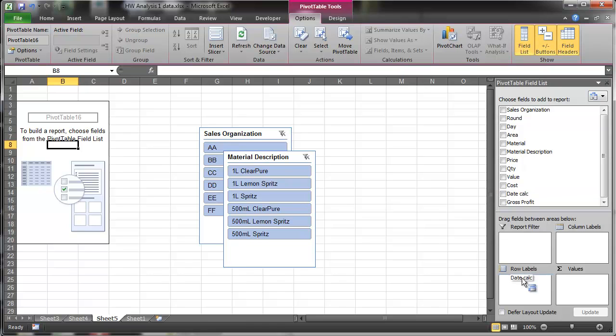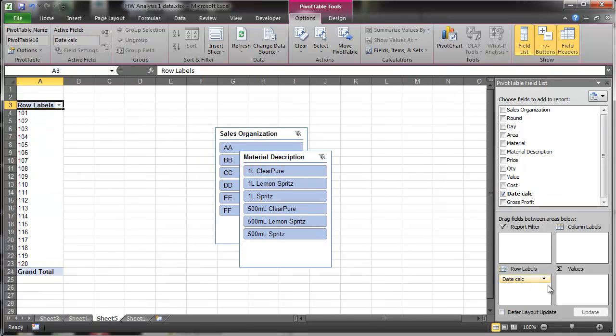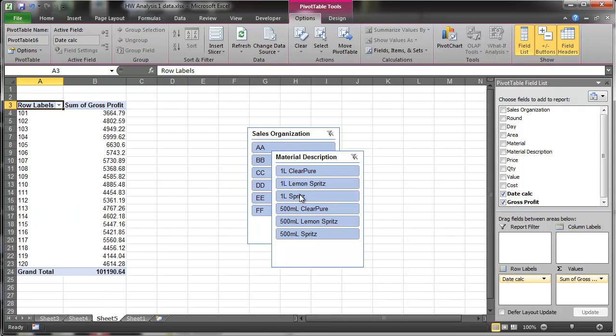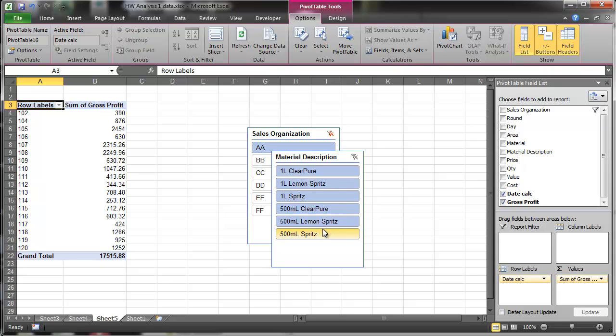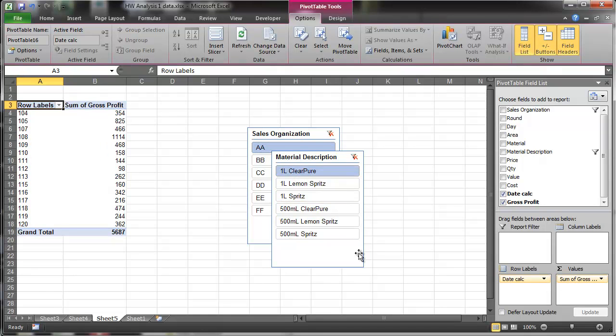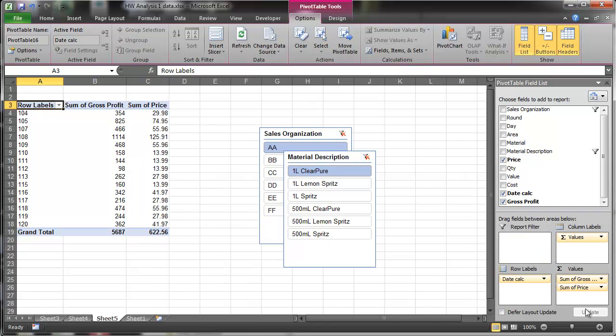And so over time, what was the gross profit? And so I say, well, pick a company and pick a product. And now I'm also interested in the price that was happening on those dates. So if I add price here, those are the price.